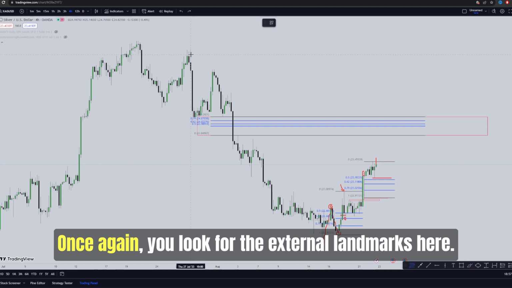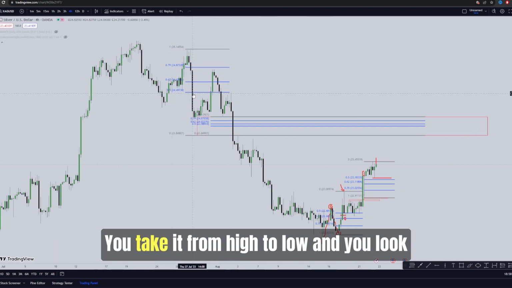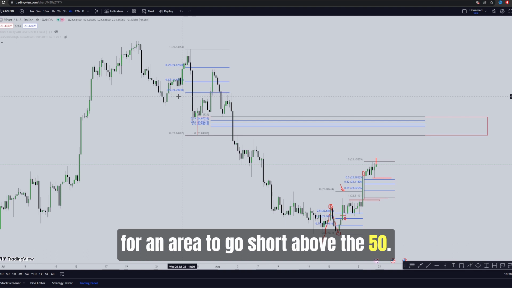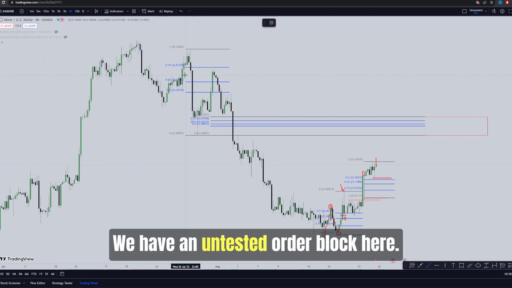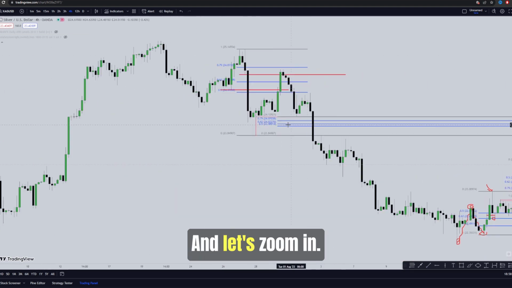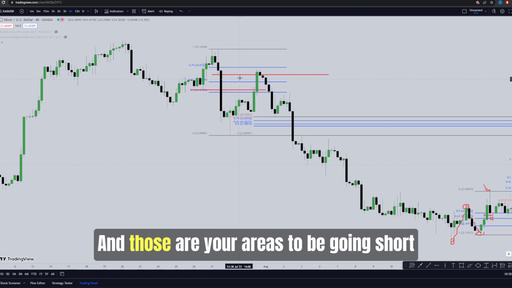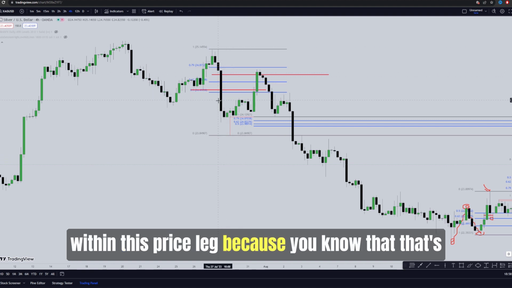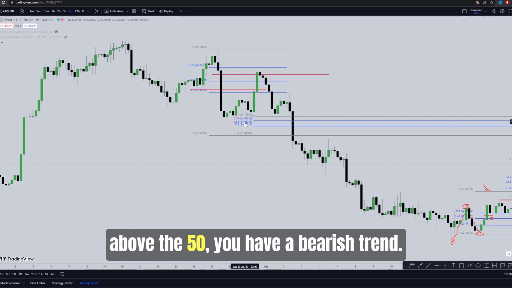Once again, you look for the external landmarks here. You take it from high to low, and you look for an area to go short above the 50. What do we have? We have an untested order block here. We have a potential breaker there, here, and let's zoom in. And those are your areas to be going short within this price leg, because you know that that's above the 50.